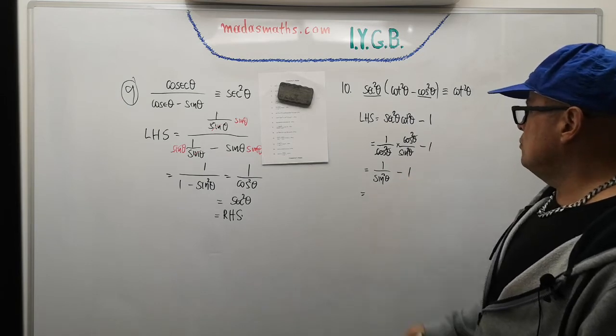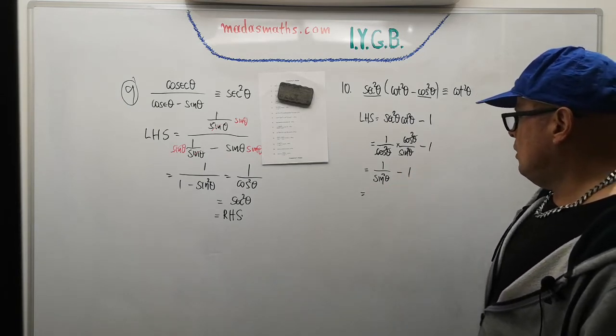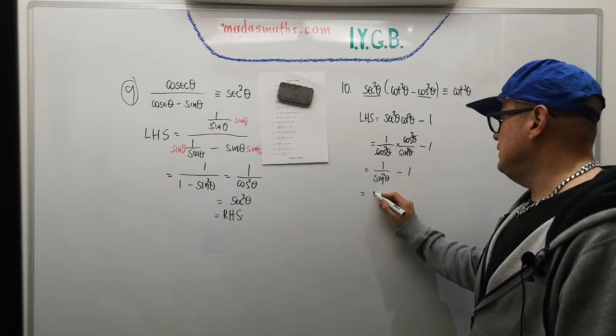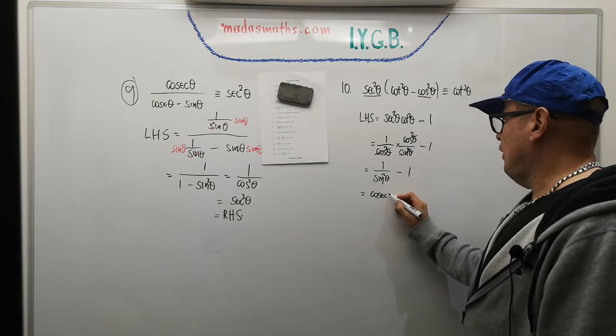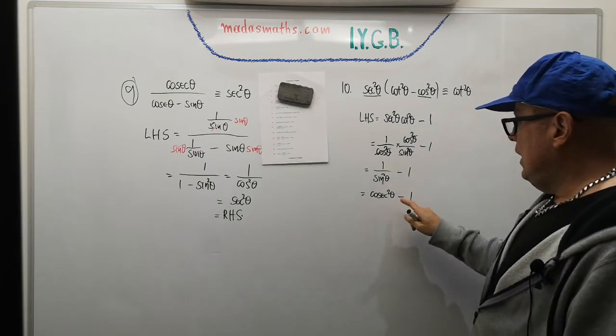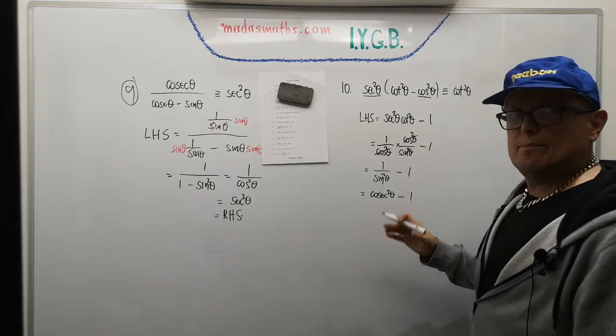And I've done it 2 different ways. I wrote it as a fraction, the last one, and then the other one I used the Pythagorean identity. For this I'm going to use the Pythagorean identity, and I'm going to write it as cosec squared of theta minus 1, so that's the 1 over sine squared. This is an identity. The last time I said to you, write that is equal to your answer and put a little explanation.